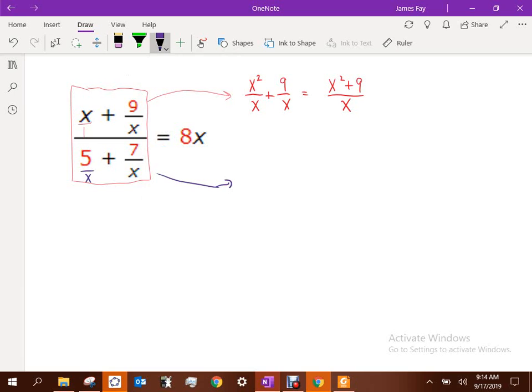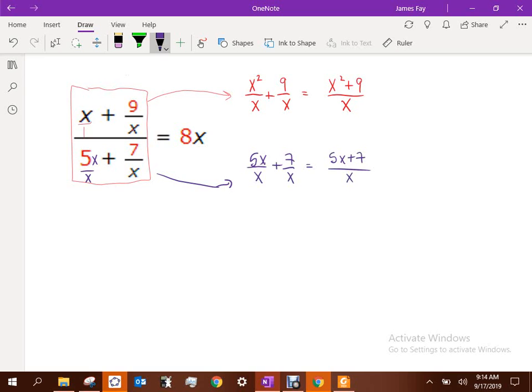That needs to become an x, so I need to put an x up there, right? Through multiplication. That turns into 5x over x plus 7 over x. So 5x plus 7 over x.